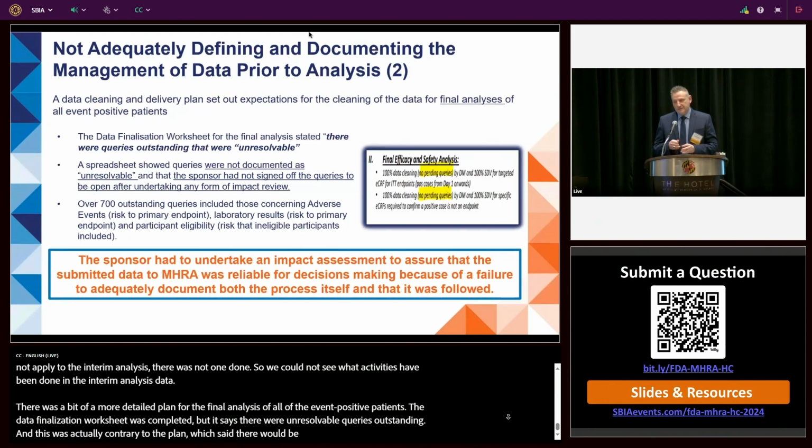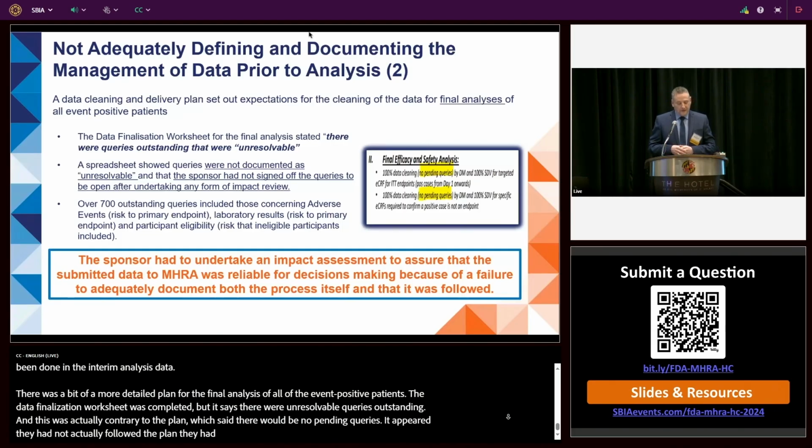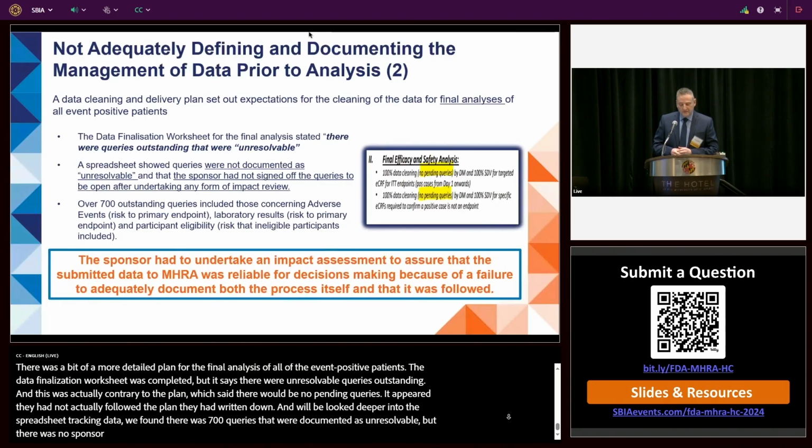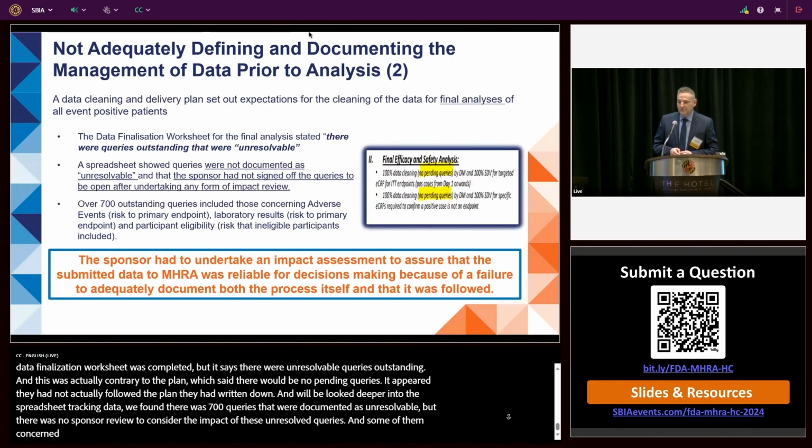And when we looked deeper into the spreadsheet tracking data, we found that there were 700 queries that were documented as unresolvable, but there was no sponsor review to consider the impact of these unresolved queries, and some of them concerned adverse event data, laboratory results, and also eligibility of the trial participants.